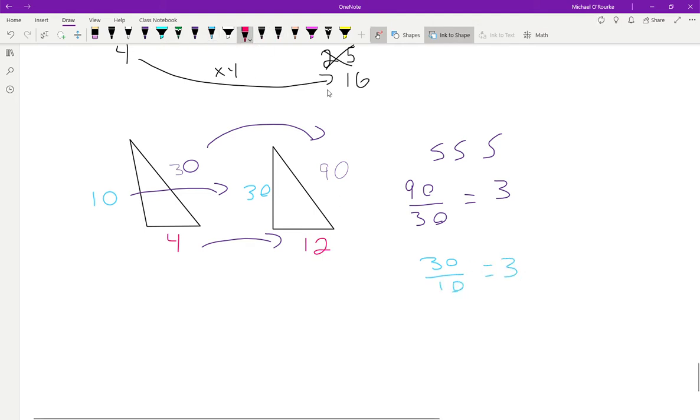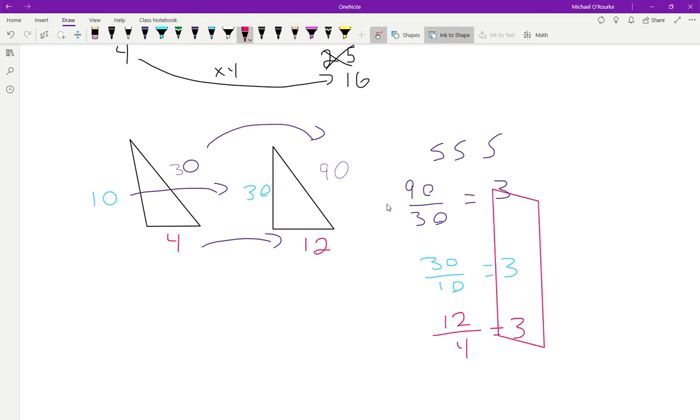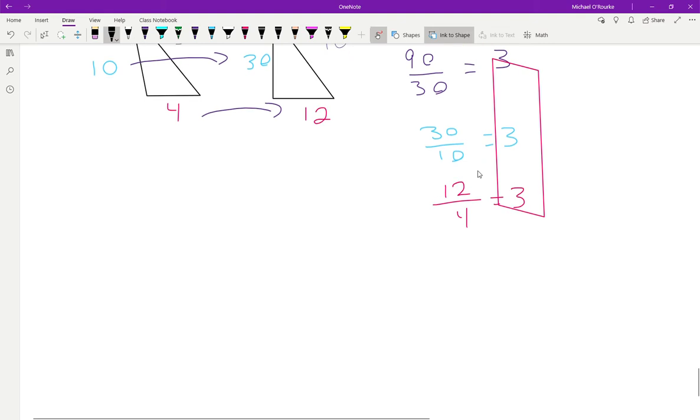And I have to do the last one, 12 divided by 4 equals 3. These are all the same. Therefore, their sides all go up by the same rate. So your proof is side, side, side. Okay? So that's one of the proofs. There's 3 proofs we can do.